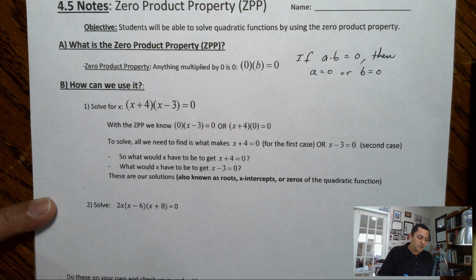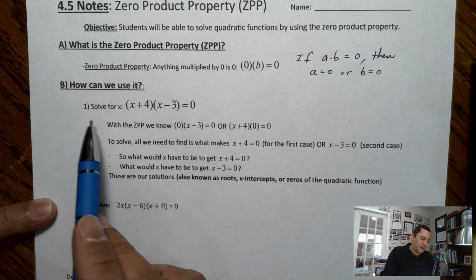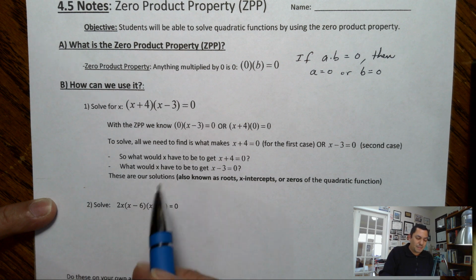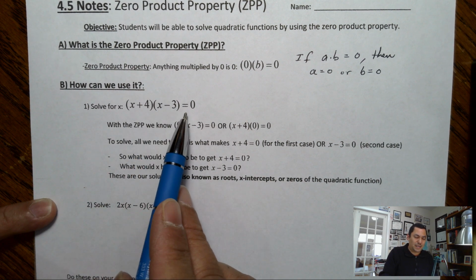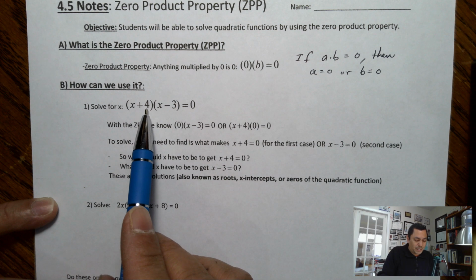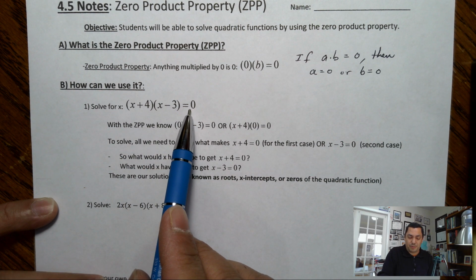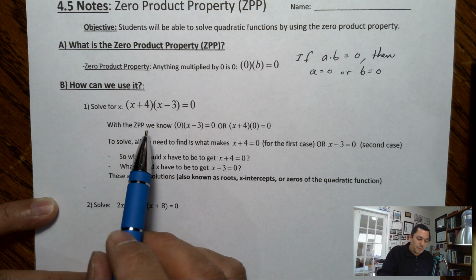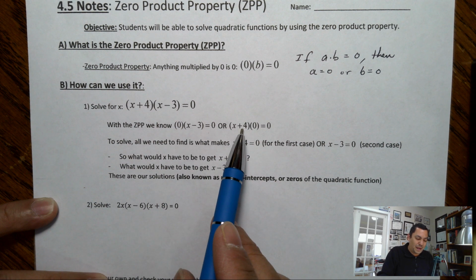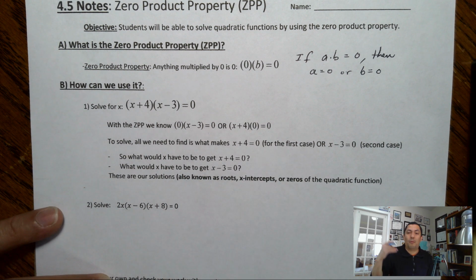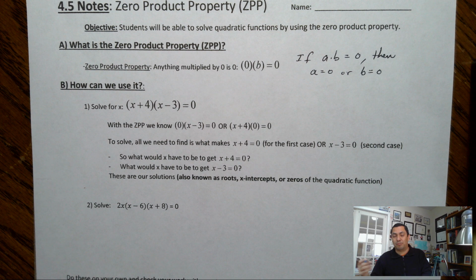So how can we use it? We have the first example here. Solve for x: x plus 4 times x minus 3 equals 0. With the zero product property, we know that if we multiply these two factors, one of them must be equal to 0.